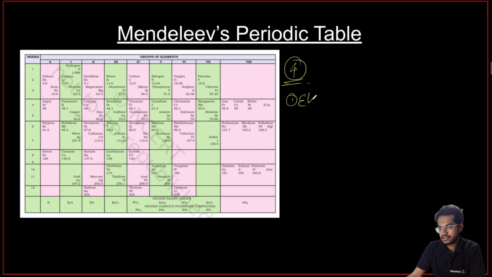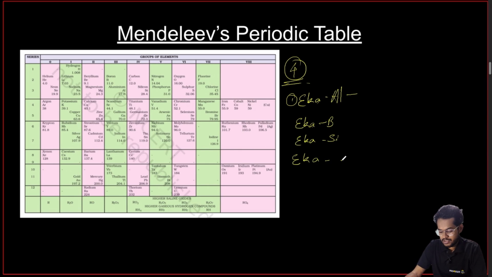One is Eka aluminium. Second one is Eka boron. Third one is Eka silicon.